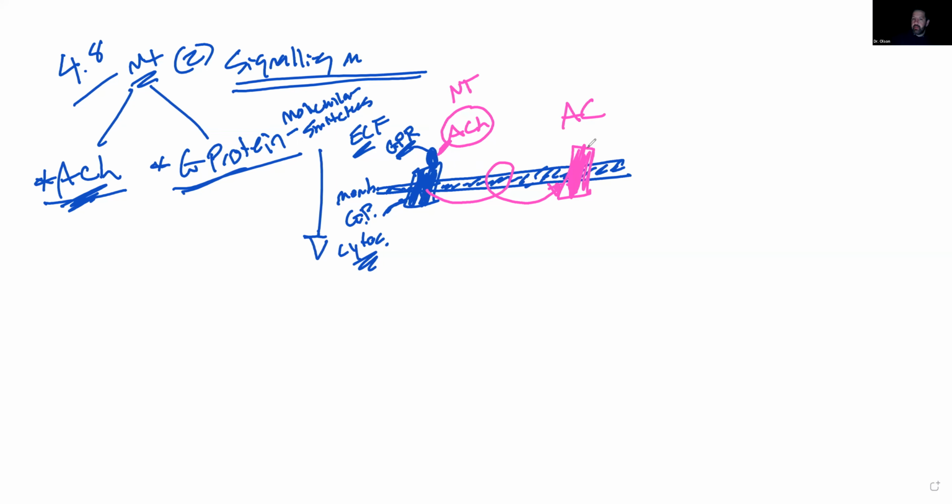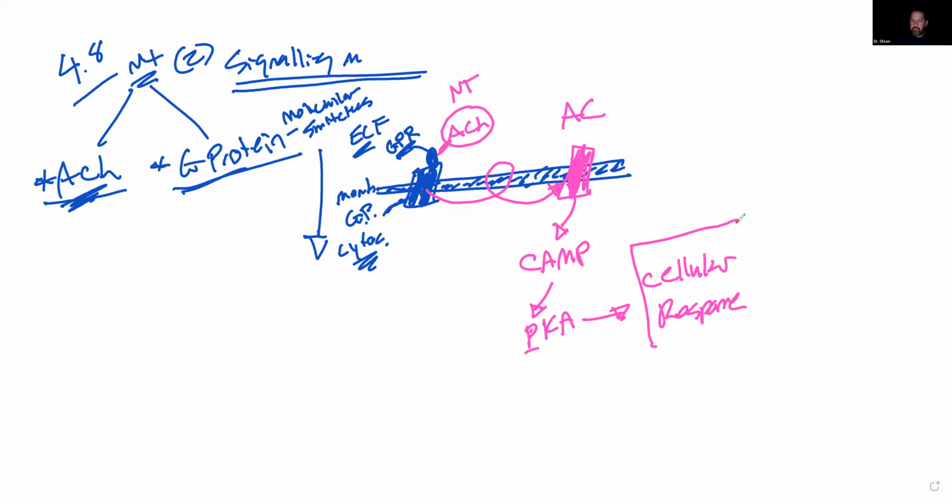It will get turned on by the G protein, and then it will release another molecule that we will call cyclic AMP, and the cyclic AMP will then go and, let's say, activate protein kinase A. Protein kinase A will then trigger just some sort of cellular response.